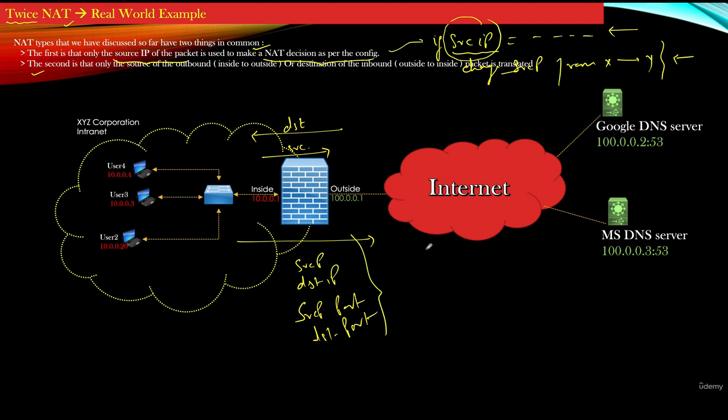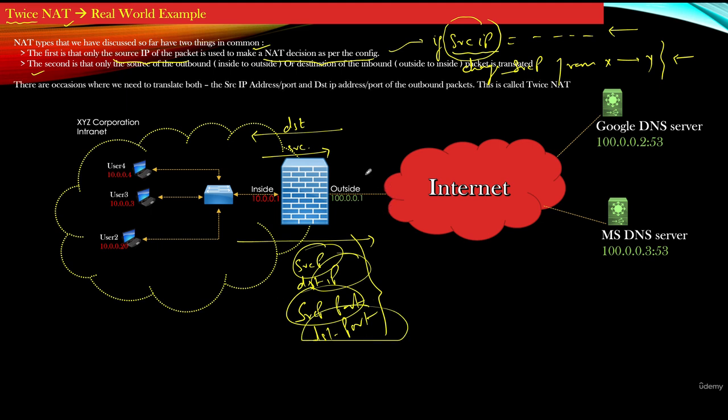So this is the first case we are witnessing where, when the packet crosses the boundary of the Cisco ASA firewall, both the source IP address and port number and destination IP address and port number undergo translation. So there are occasions where we need to translate both the source IP address and port number and the destination IP address and port number of the outbound traffic. This is called twice NAT.